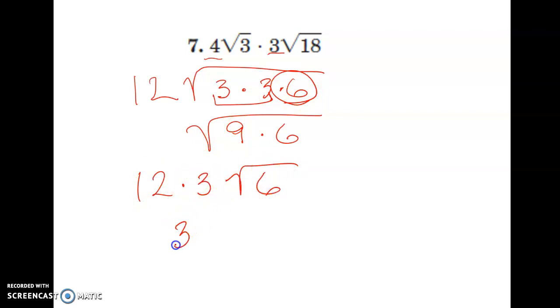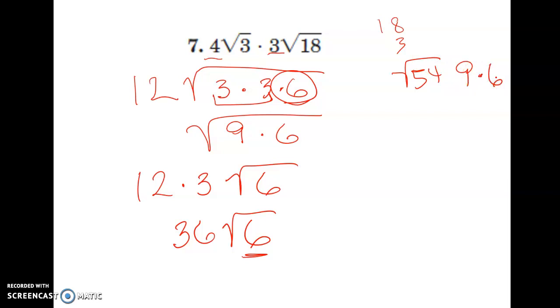And so I have 36 root 6. Okay, 6 is not a perfect square, so it can't come out. Yes, I could have multiplied these two numbers together to get a 24 and a 54. 54 does have the factor of 9 and 6 in it, so yes, I could have done it that way too. So there are a couple ways that we can tackle these problems.